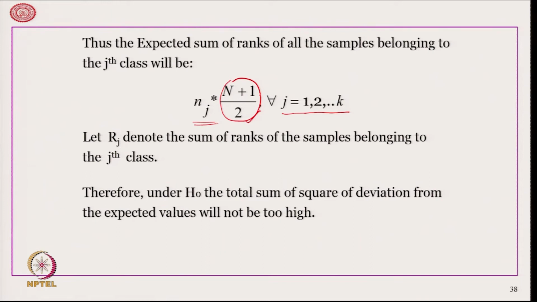Now, let us calculate the actual rank that we have got from the sample. Let R j denote the sum of ranks of the samples belonging to the jth class. Therefore, under H naught, the total sum of square of deviation from the expected values will not be too high.